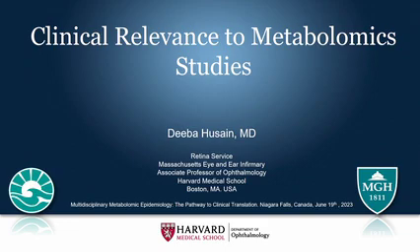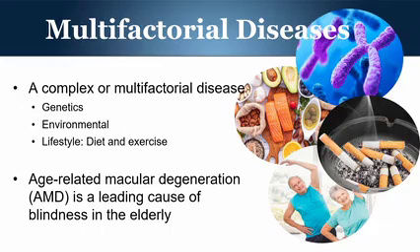Thank you. So I'm going to talk about clinicians' perspective on metabolomic studies. The goal of a clinician is to take best care of their patients. So from our point of view, we ask questions about what are the clinical challenges and how metabolomics can help us address those challenges.